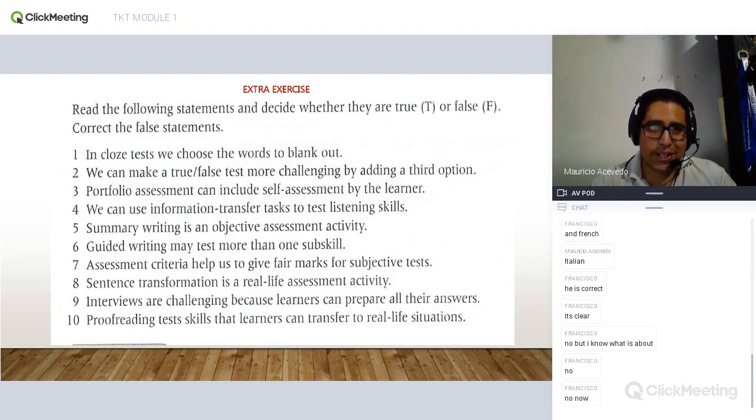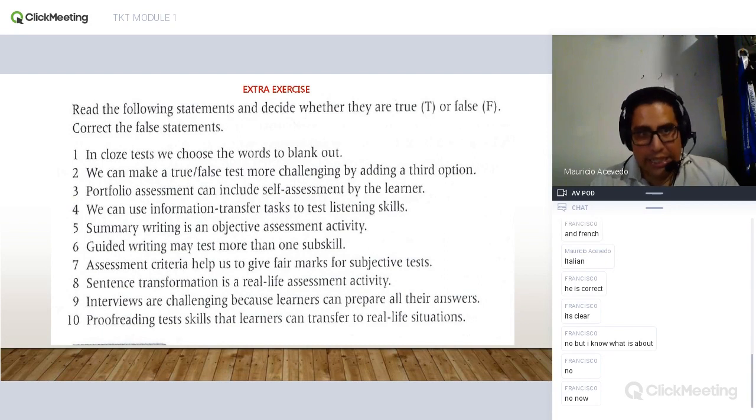Okay, here it says, read the following statements and decide whether they are true or false. Correct the false statements. Okay, so I'm going to be evaluating your comprehension, Francisco. So you just need to mark T or F. But if it is F, try to correct it. For example, number one, in closed tests, we choose the words to blank out.